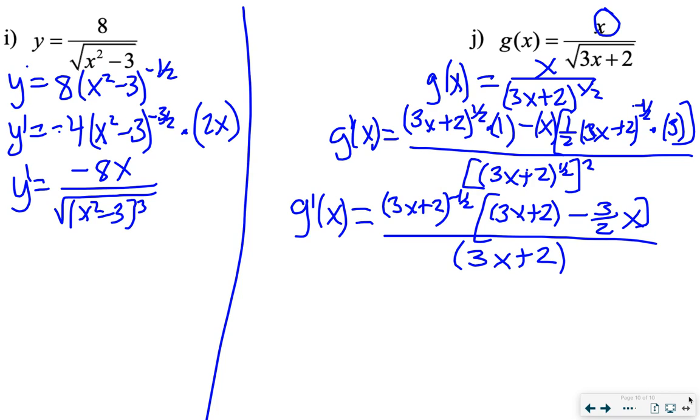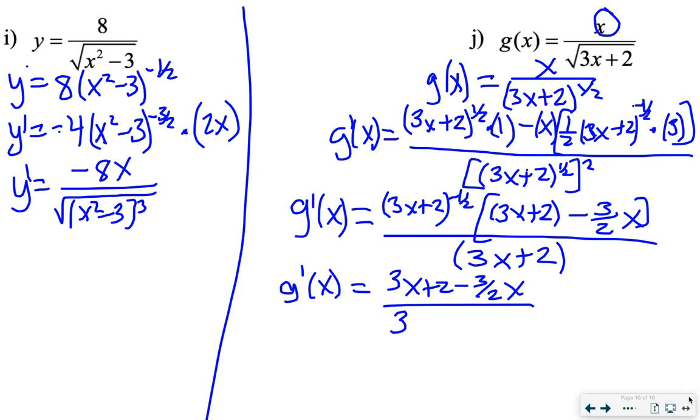Okay, so now that (3x plus 2) to the negative 1/2 can go join it on the bottom. And I'm going to get 3x plus 2 minus 3 over 2 x over (3x plus 2) to the 3/2.